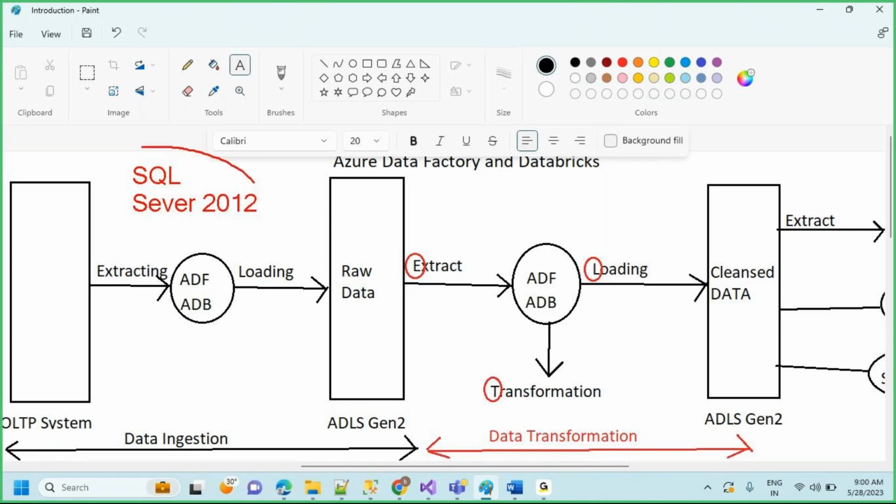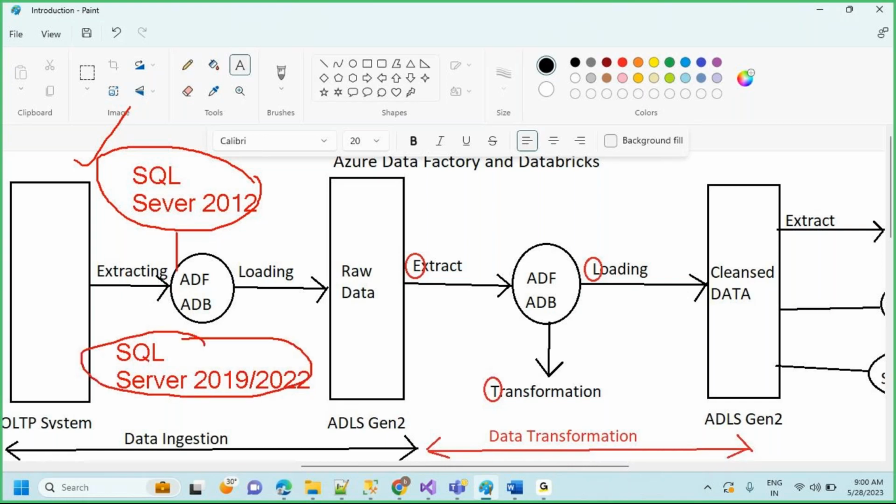I have a data source in this, and Microsoft is decommissioning 2012 and asking us to upgrade it to SQL Server 2019 or 2022. So we need to migrate from this place to this place. So this is a migration project.